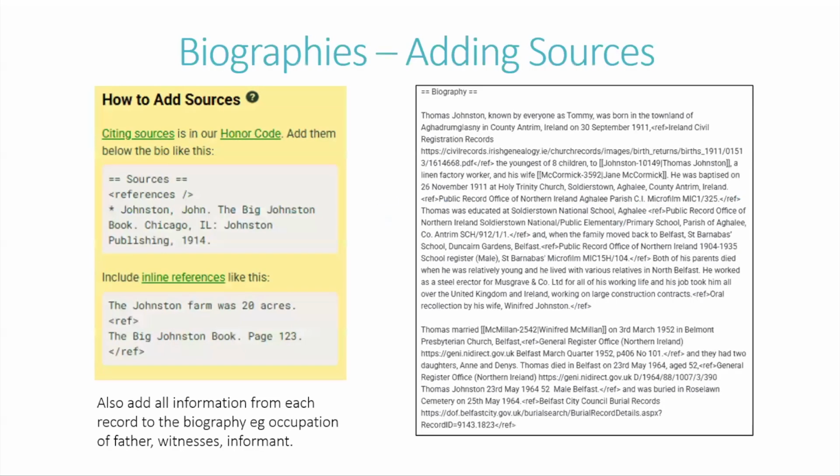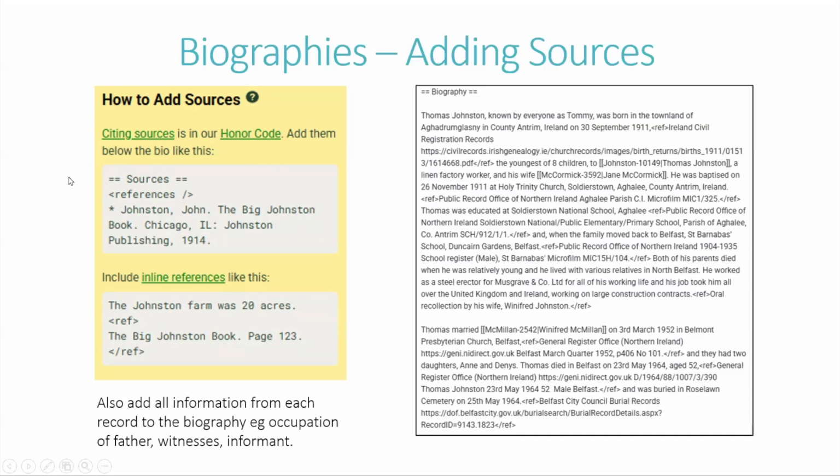So if we look at biographies, we talked about some basic things on adding sources. If you look at the right-hand side, although on my screen it's on the left, under the biography, it tells you another way to add sources, which are called inline references or inline sources.